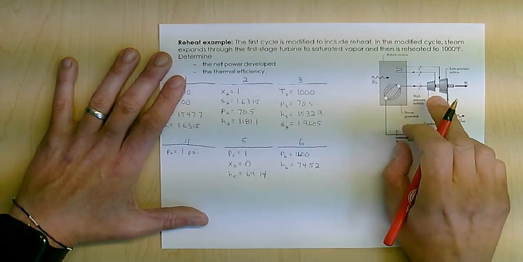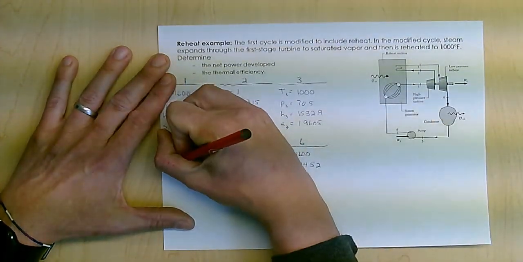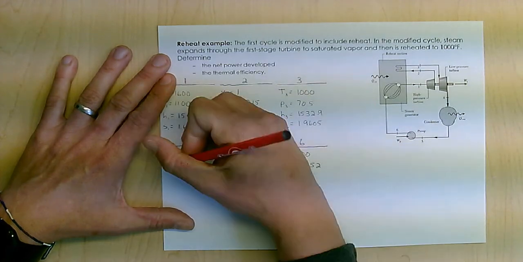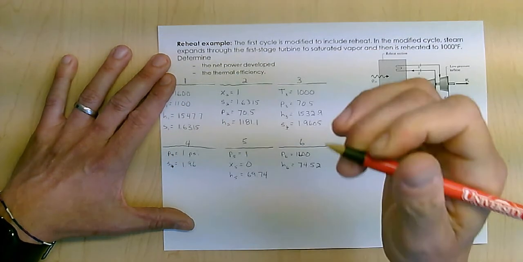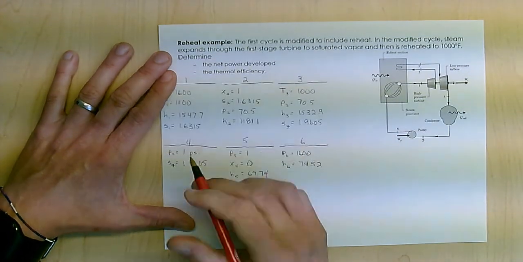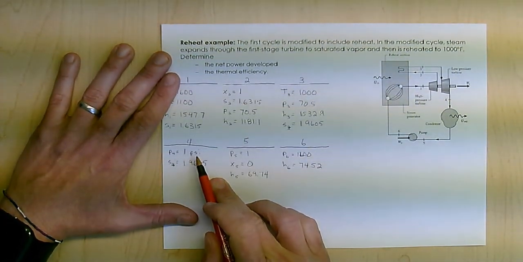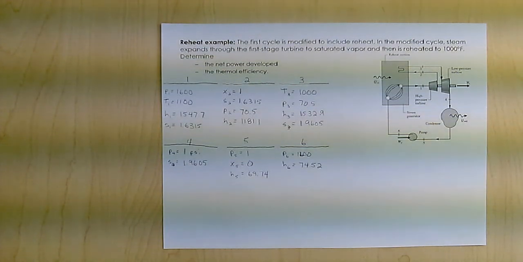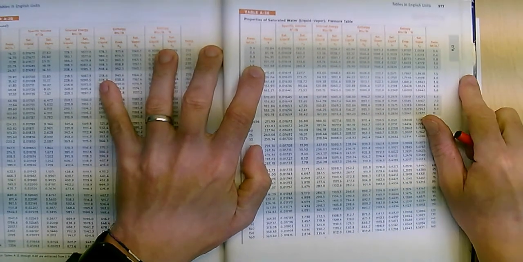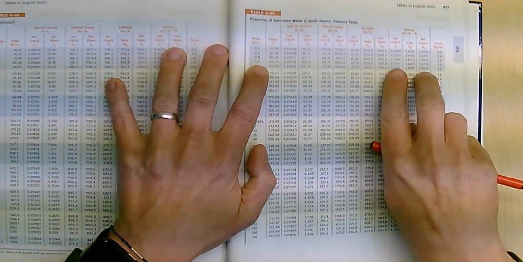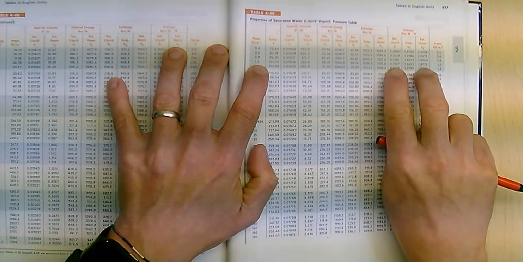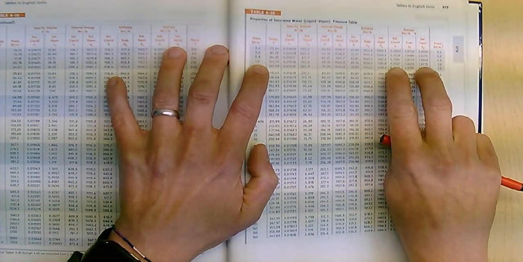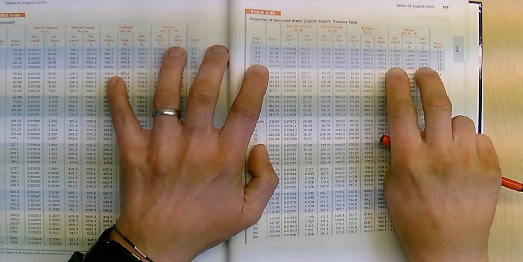Now, going through the rest of the turbine, that means S4 is equal to S3, also 1.9605, and I know I'm at 1 psi. So I go back into my table, to my 1 psi, and I'm looking for 1.96. At 1 psi, my entropy is between 0.13 and 1.97, so I'm just barely below saturation.